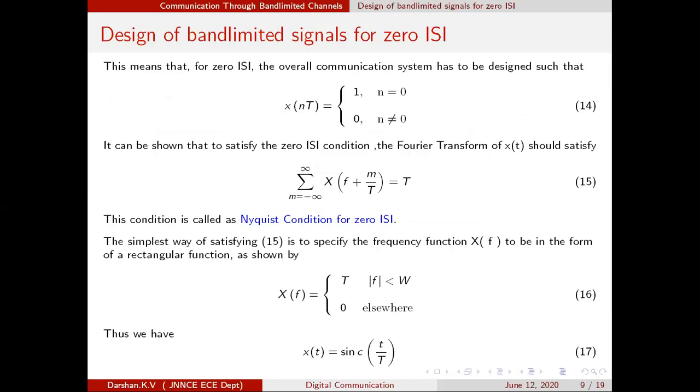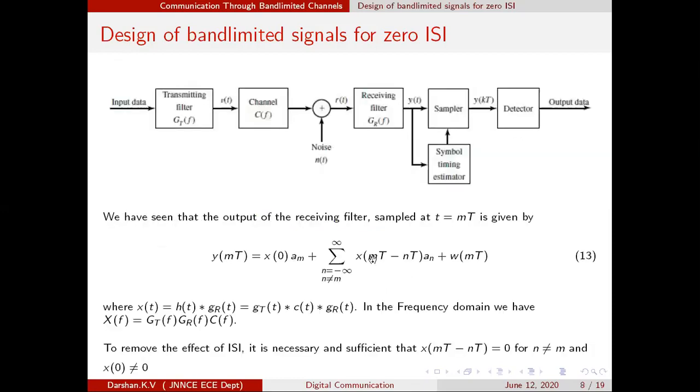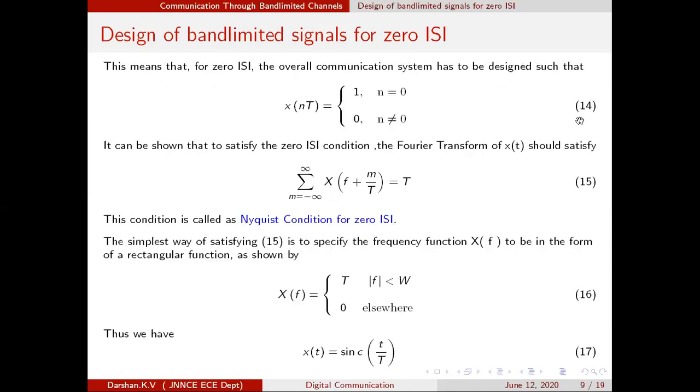Your x of t should be such that it satisfies equation number 14. This was told as the Nyquist criteria. If we do this, what are the effects? We are going to overcome the ISI, because these values would be 0 if you take this condition as per equation number 14.